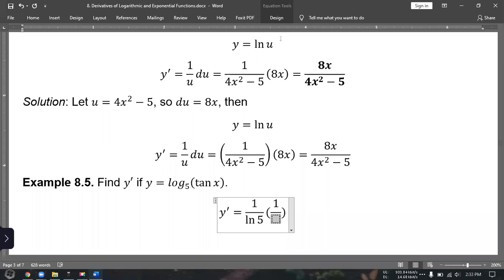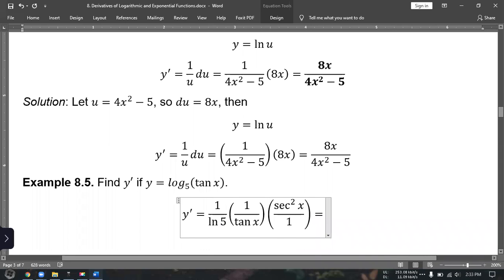So we have now our final answer. We have an imaginary 1 over 1 here. So we have direct multiplication: numerator times numerator over denominator times denominator.